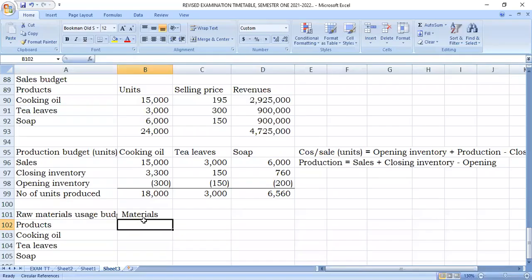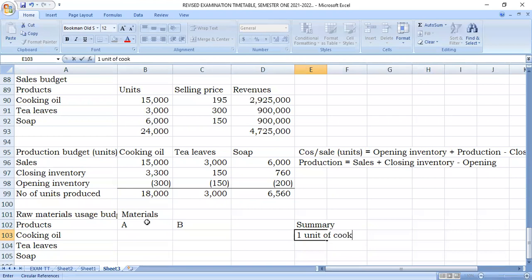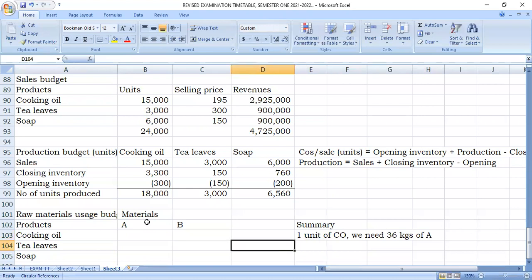Okay, you have material A and then B. So say for cooking oil, the summary is that for a single unit of cooking oil, let me use CO, that we use or we need 36 kgs of material A. Yeah. So ask yourself, how many units of cooking oil do I need?